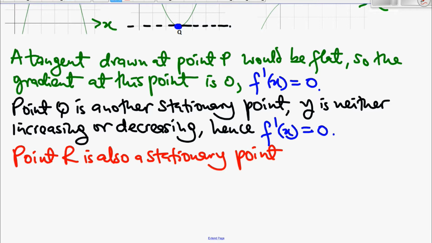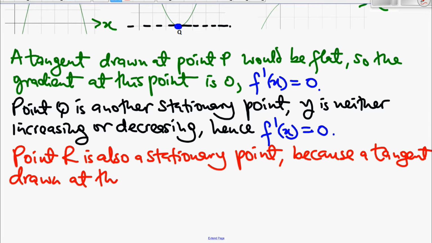Because a tangent drawn at this point will be flat. So the gradient at this point is 0.